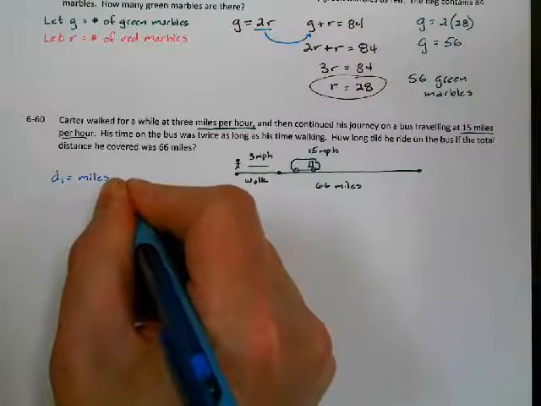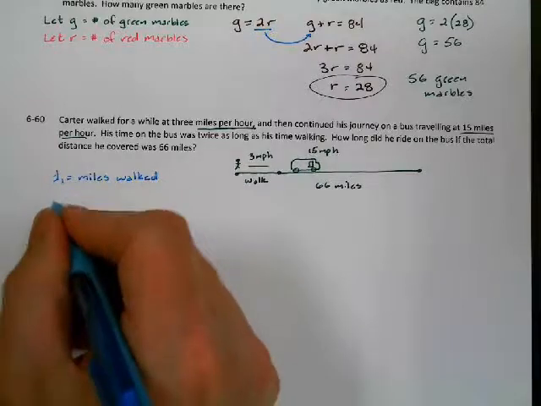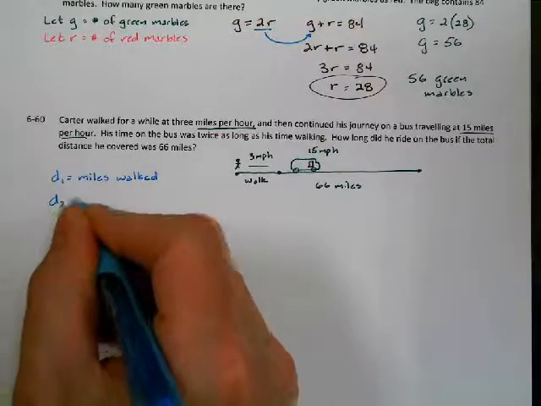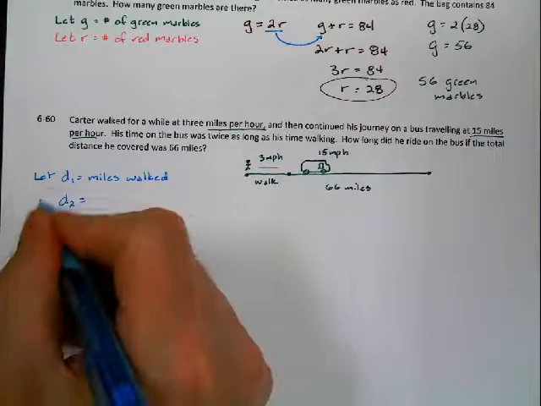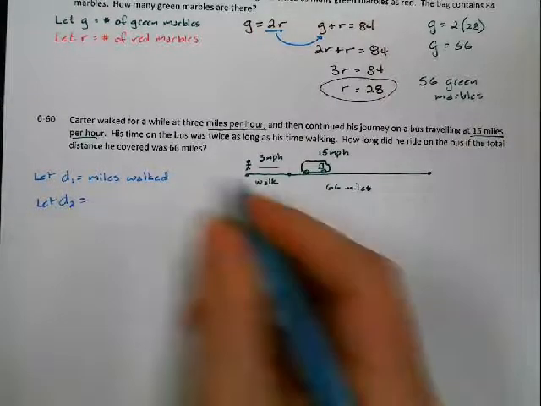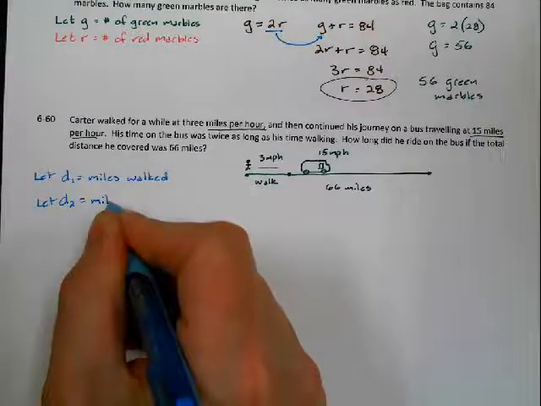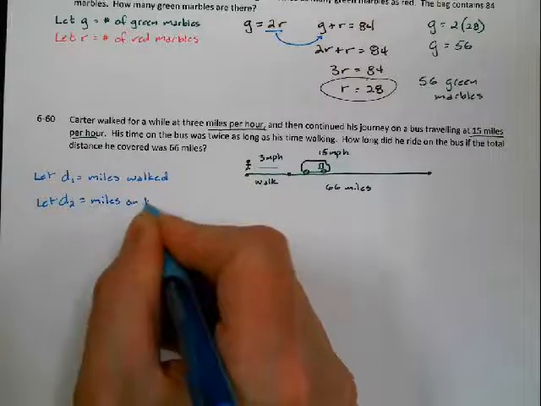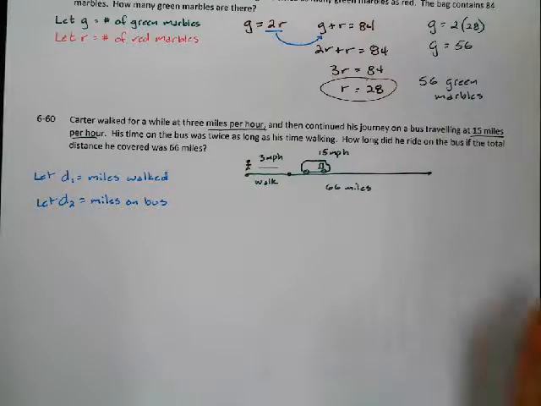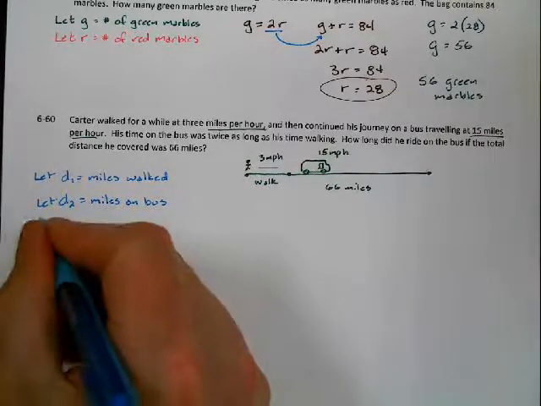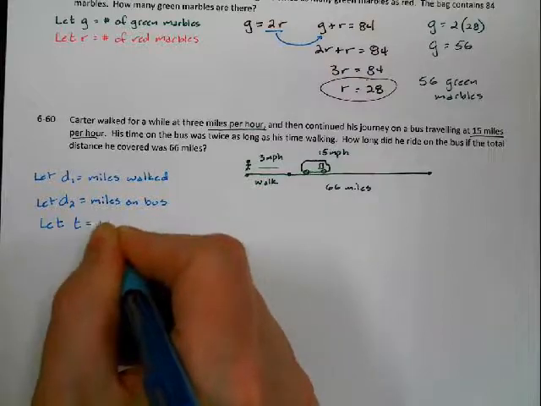Let's make distance 2 equal the miles he rode on a bus. And then time, we're going to need that. So we're going to let t equal time, in hours.